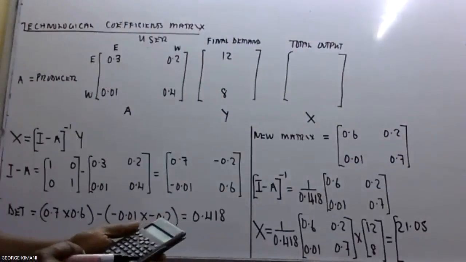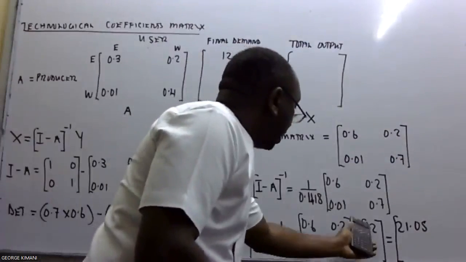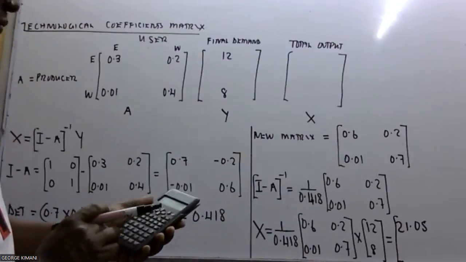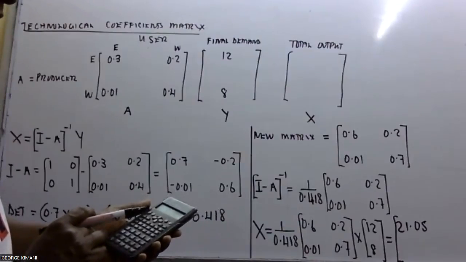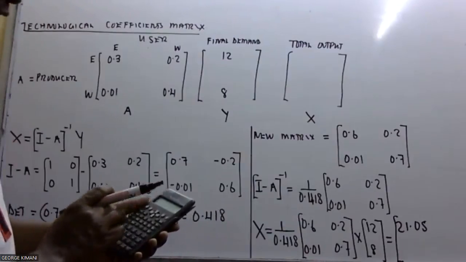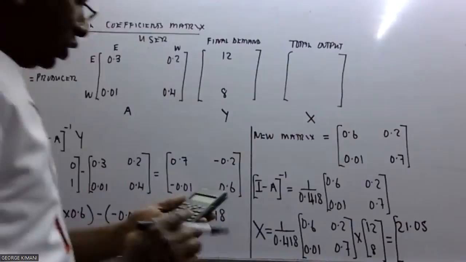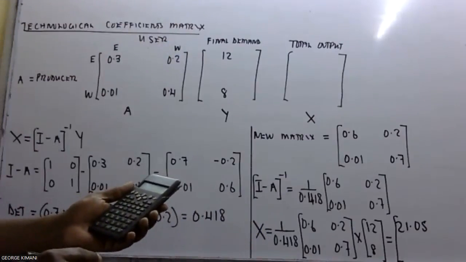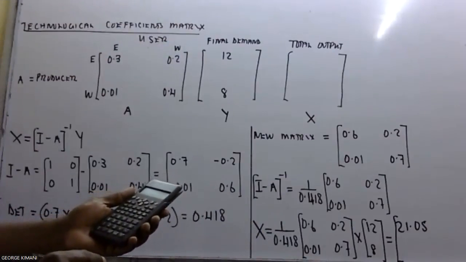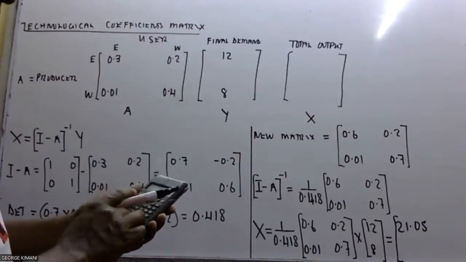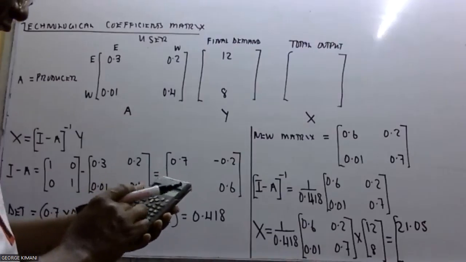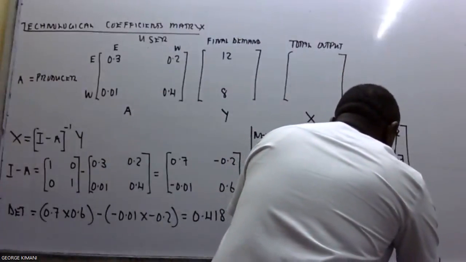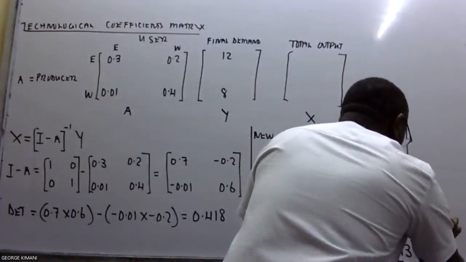Then we do the same for the next row and column. We get 0.01 times 12 plus 0.7 times 8, which is 5.72. Divide that by 0.418 and we get 13.68. Good.